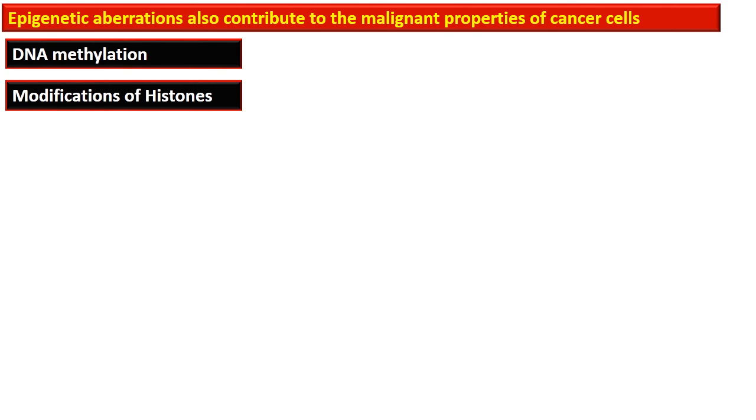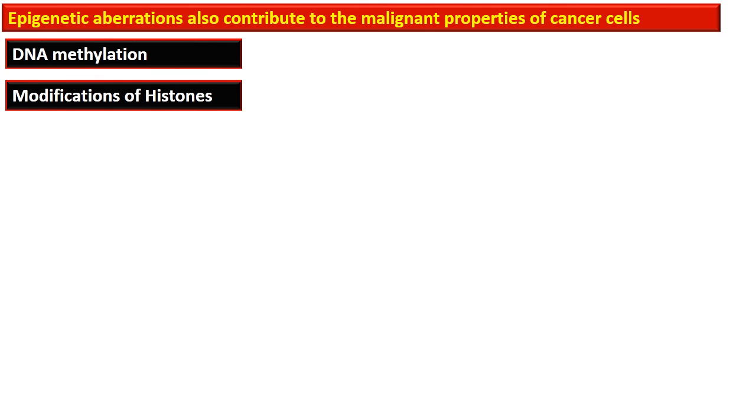Besides genetic mutation, epigenetic aberrations also contribute to the malignant properties of a cancer cell. These are DNA methylation and modification of the histones. DNA methylation results in silencing of a gene, and as a result the function is lost, such as if a tumor suppressor gene is silenced, it will result in the development of cancer.